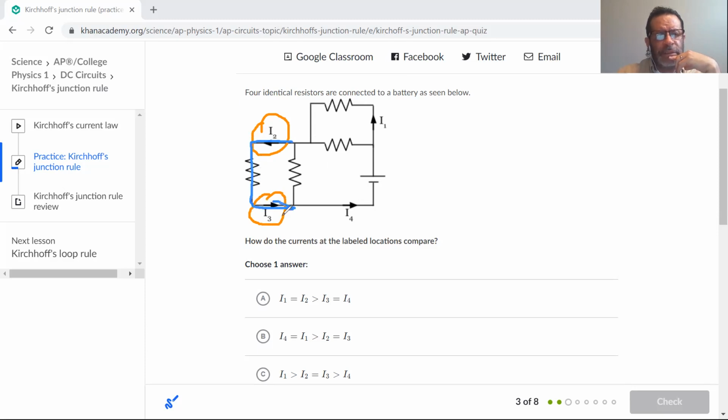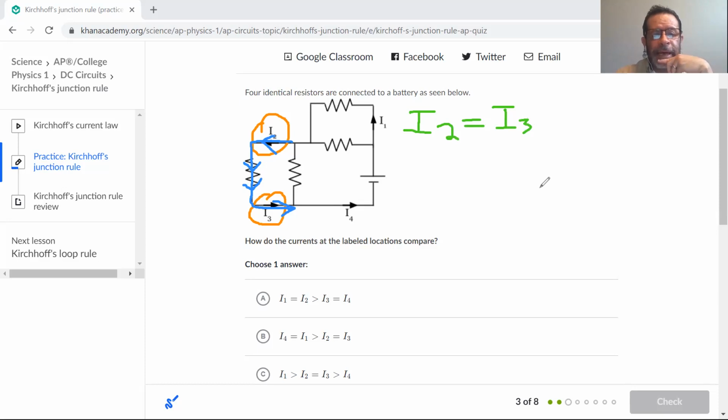So if we notice, it's the same current. We can say that I2 is equal to I3. That's a statement that is valid and something that's true.